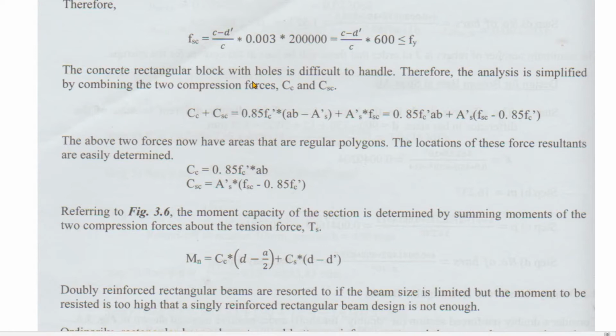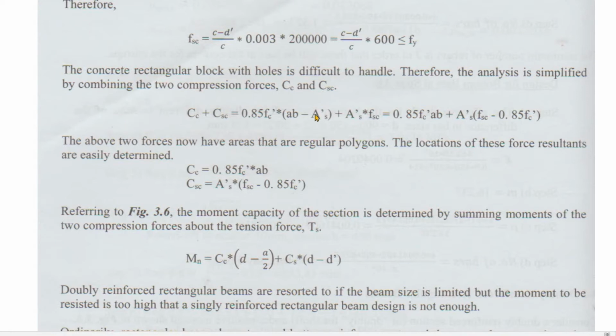The concrete rectangular block with holes is difficult to handle. Therefore, the analysis is simplified by combining the two compression forces Cc and Csc. Cc, ito yung compression in the concrete. And then Csc, this is compression in the steel. Okay, so combining the two, compression concrete tsaka compression in steel: 0.85 f'c times the quantity (ab minus A's).